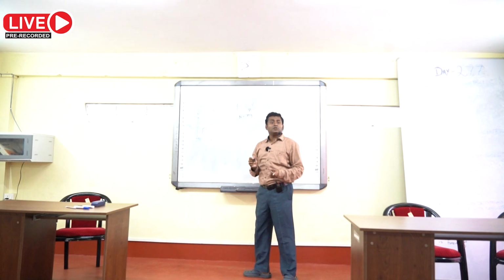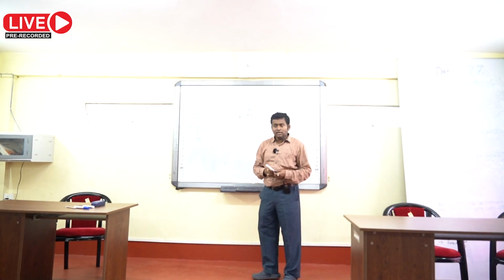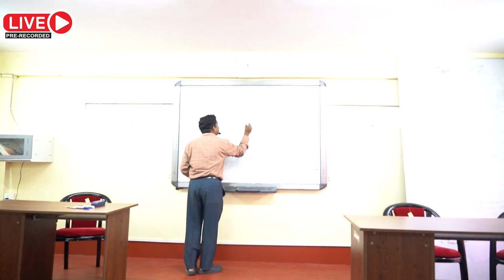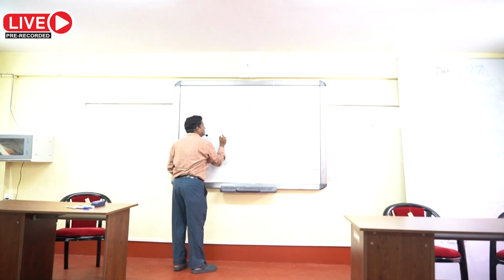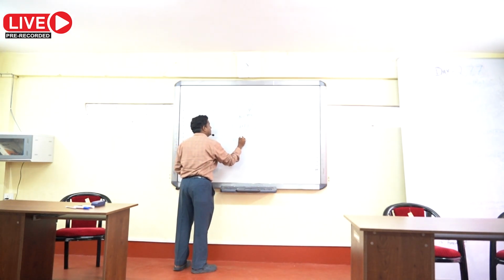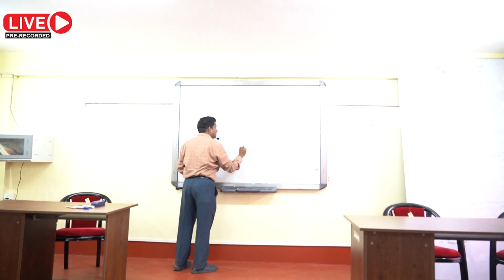Now if the coefficient of friction is given, then we can write F equal to mu N. So just put the values of F and N in this equation. It will be mv square by r equal to mu mg. So m will cancel, so v will be equal to root over of mu rg.